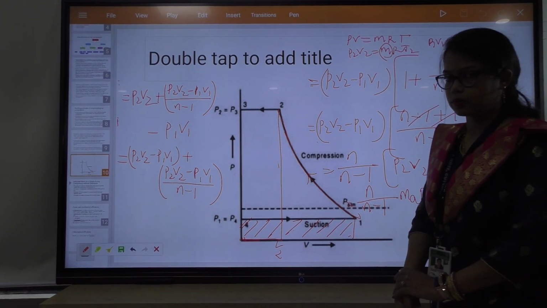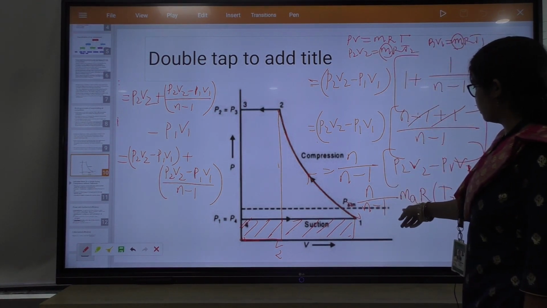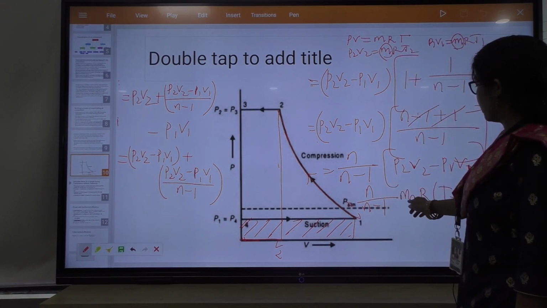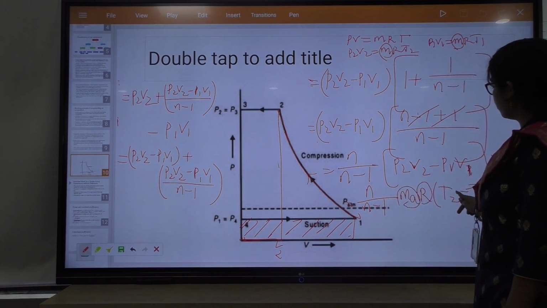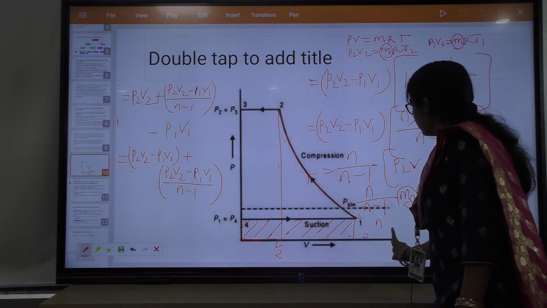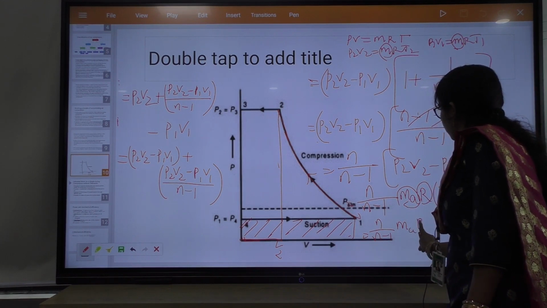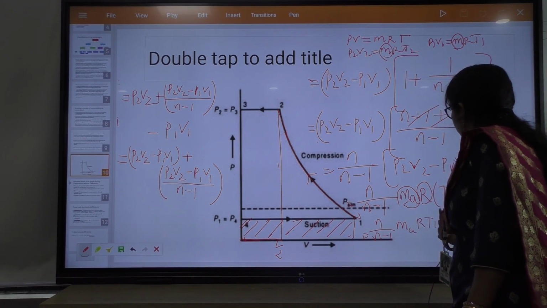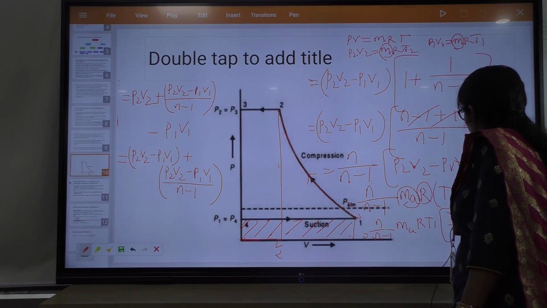I hope you will understand this. So n by n minus 1 whole into mass of air R, M will be common, R will be common, but the temperature difference is there, whole into T2 minus T1. After that, n by n minus 1 MAR, if I take T1 common, then T2 by T1 minus 1.